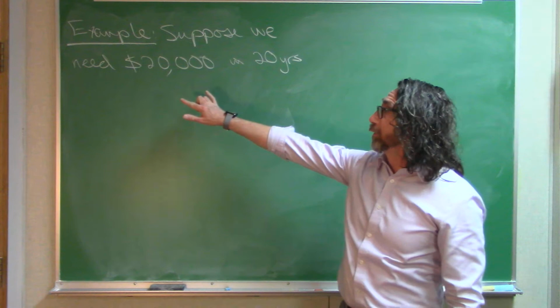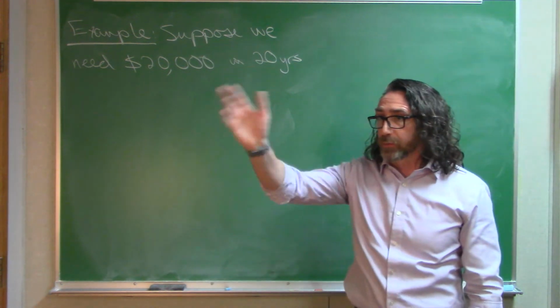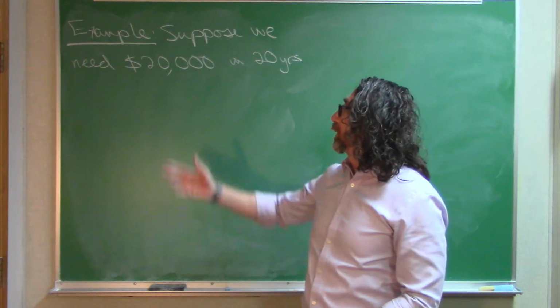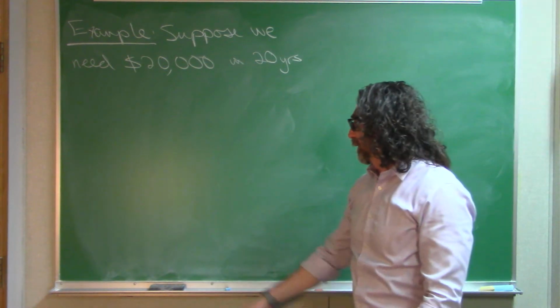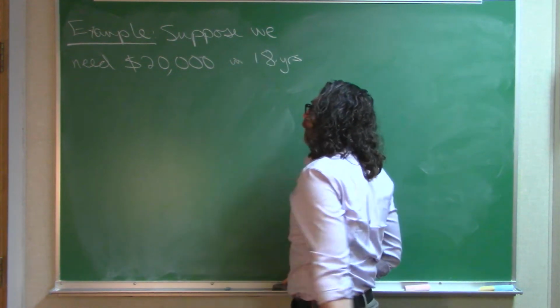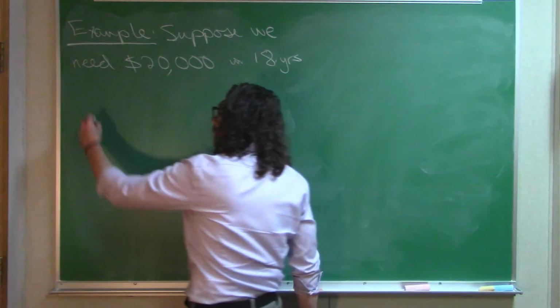So they're figuring, all right, well, $20,000 will set them up, we could do something with that. So we're going to need $20,000 in, let's go ahead and make it 18 years rather than 20. $20,000 in 18 years.